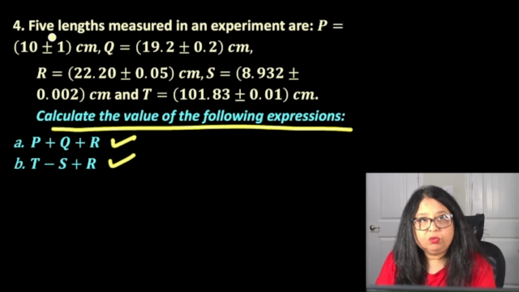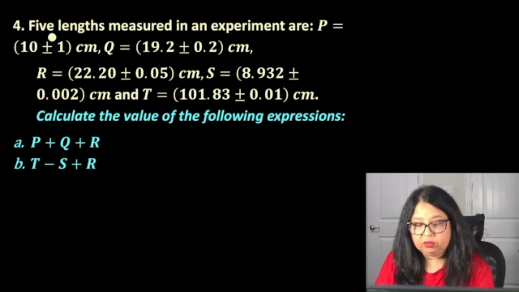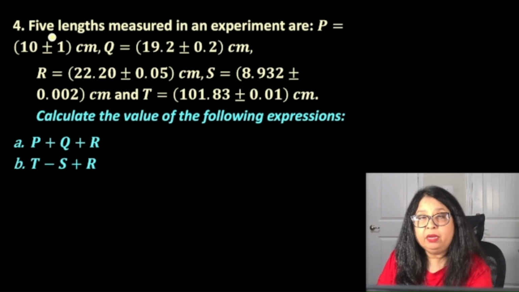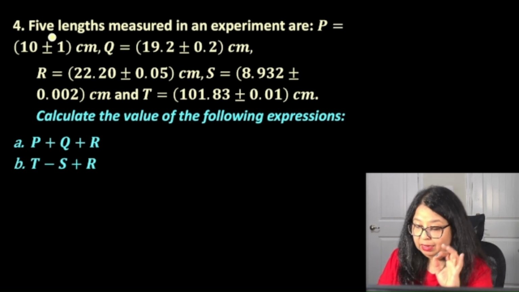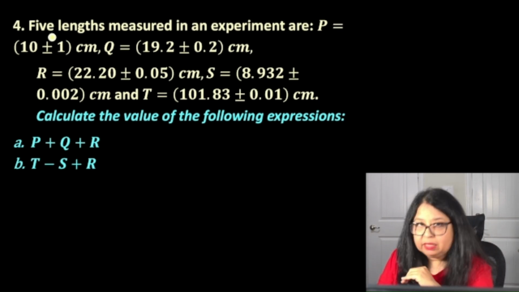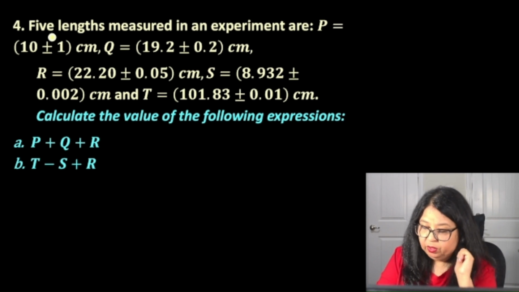These are the two expressions. Find their values. You can see that we're adding and subtracting these lengths. So let's go ahead and tabulate these lengths and go from there.